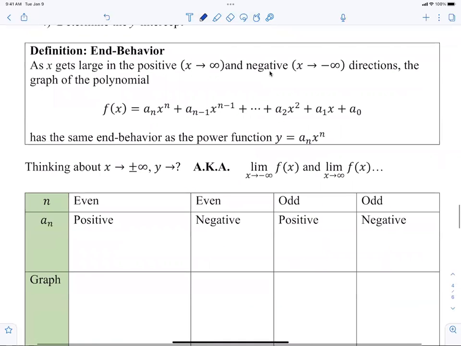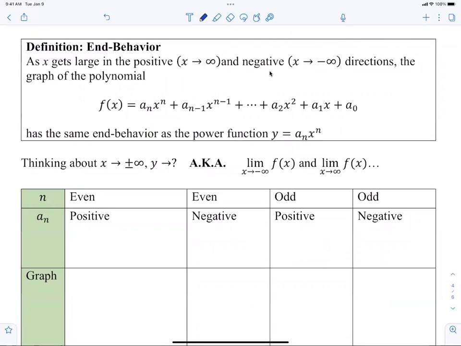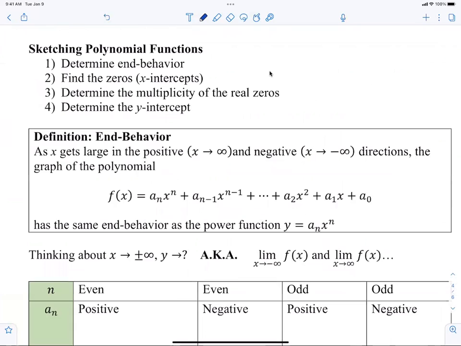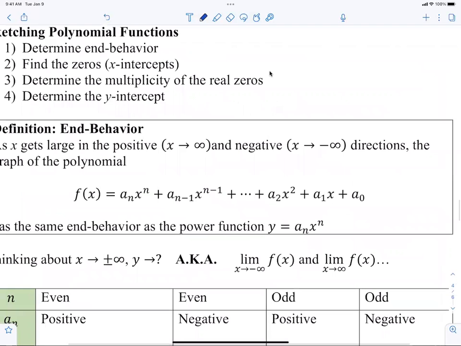Okay, so let's talk end behavior. We've already talked about end behavior a little bit. We're thinking about x approaching positive and negative infinity. Like what is happening to the function values as x gets infinitely small or infinitely large.